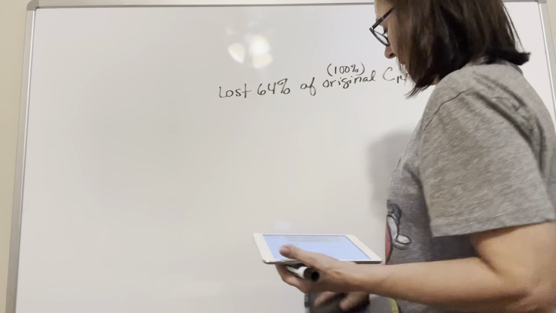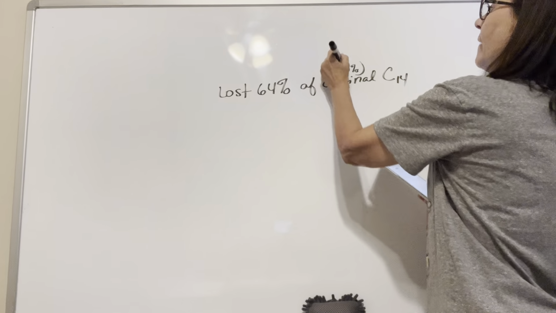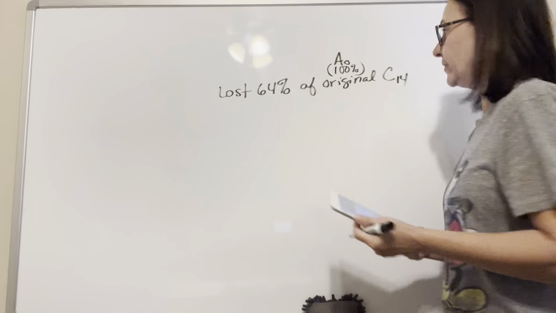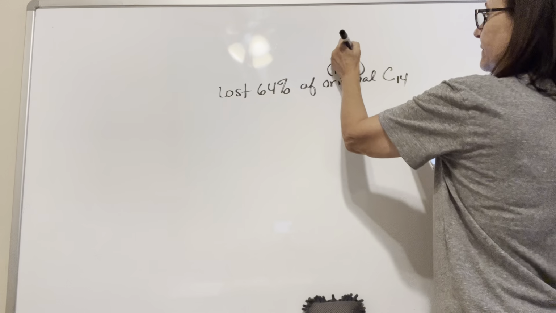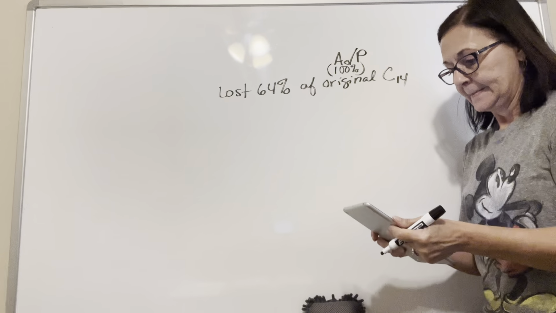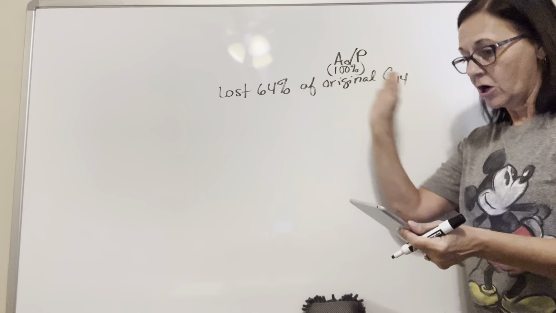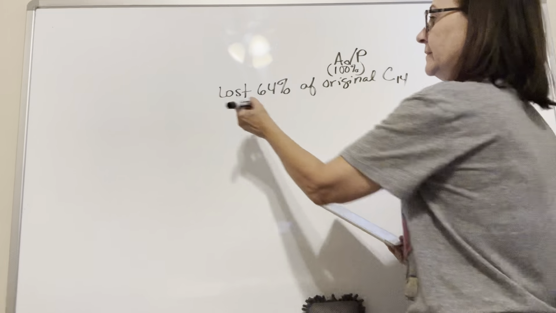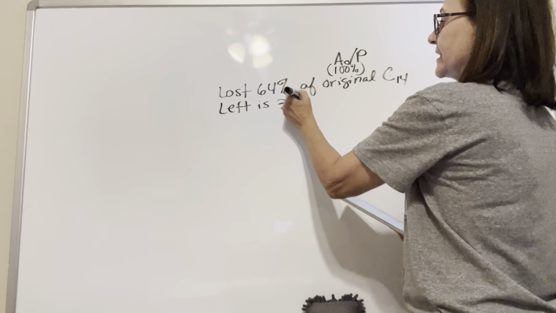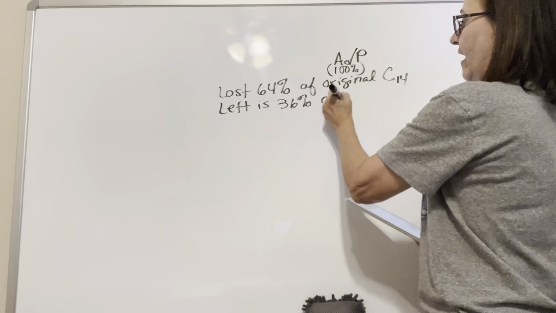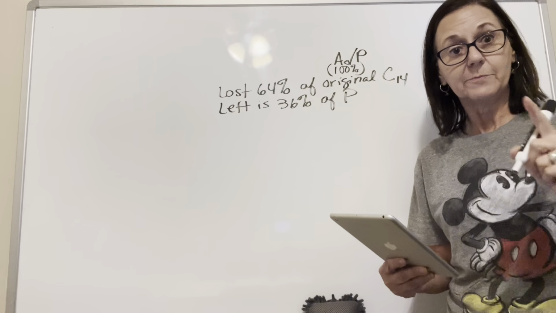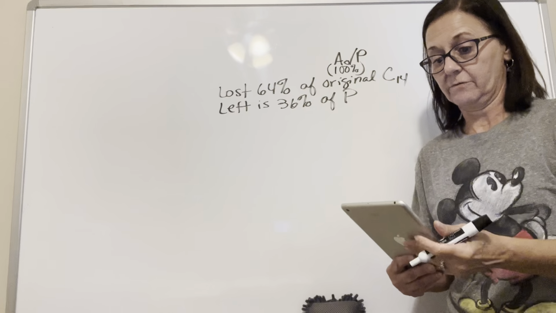Not P, but amount originally, right? They do use P here. Okay, that's the same thing as P. All right, so it's lost 64%. So how much does it have left? Left is 36% of its original amount, right? That's what's left. 36% of its original amount.